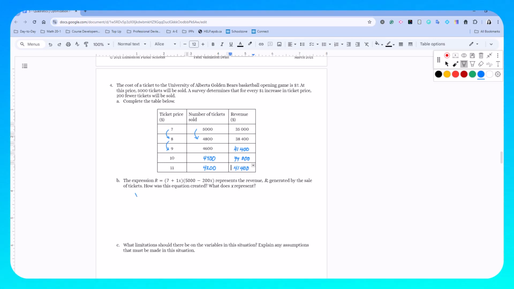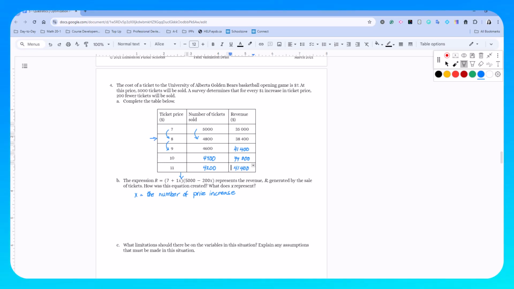Well, x represents the number of price increases. For instance, if x equals 1, 7 plus 1 times 1 is 8. So that is one price increase, and that would be this row right here.